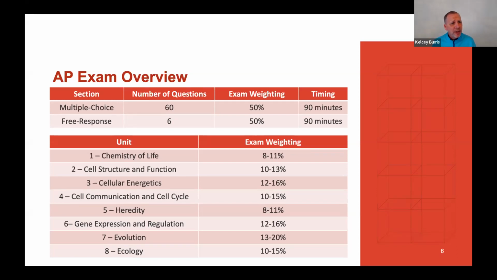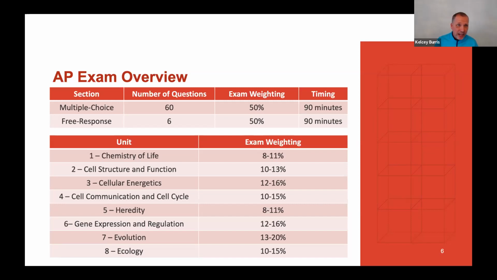Unit 4 is cell communication and the cell cycle, which includes mitosis, that's 10 to 15%. And then you have Unit 5, which is heredity, which a lot of people refer to as genetics, that's 8 to 11%. You have gene expression and regulation, so that's your central dogma.